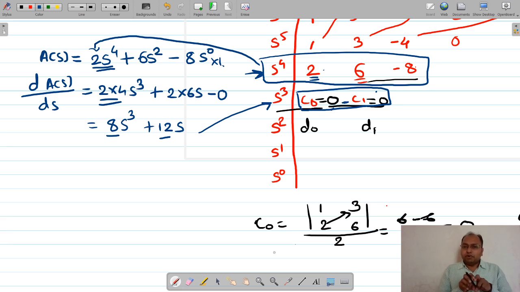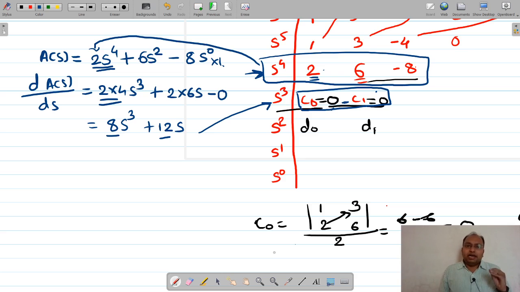Okay, if the entire element of that particular row is 0, then you have to consider the previous row elements and you are going to consider its raised to power. Whatever the coefficients are there, you just multiply those coefficients with the s raised to power with the alternate values.